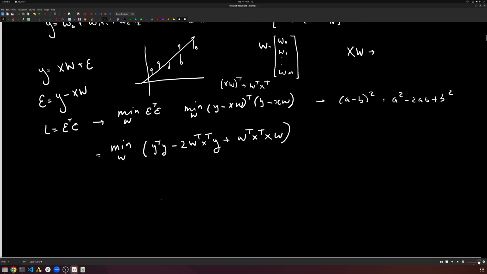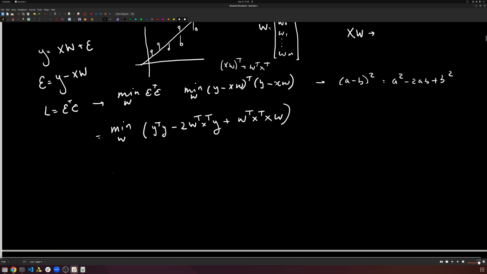Nothing too crazy here. Now that we have this, we can take the derivative. First of all, we're taking the derivative with respect to w. Notice that this term doesn't even have a w in it, so we can just ignore it. It's just a constant in terms of the derivative. So we're really just taking the min of the second two terms.